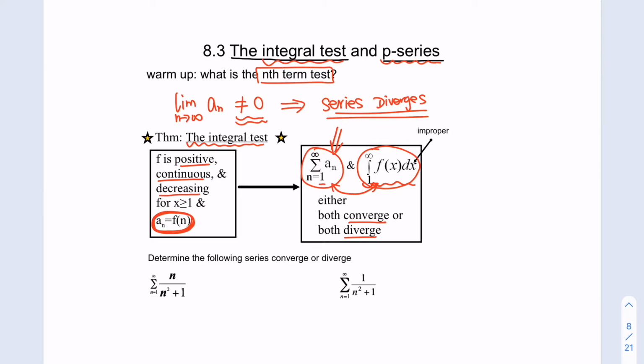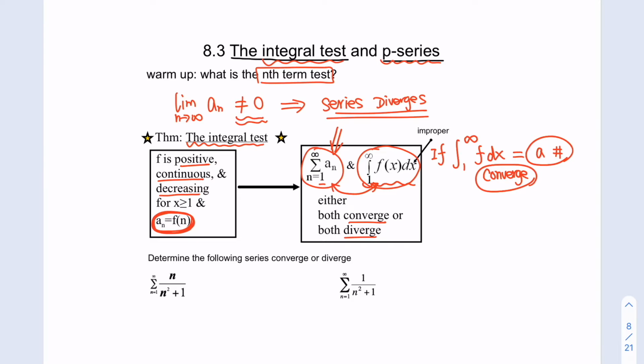How do we prove the integral converges? If the integral from 1 to infinity of f dx equals a number, in this case, this will converge. So if the integral converges, then the series will converge.